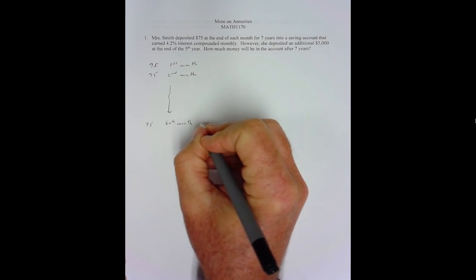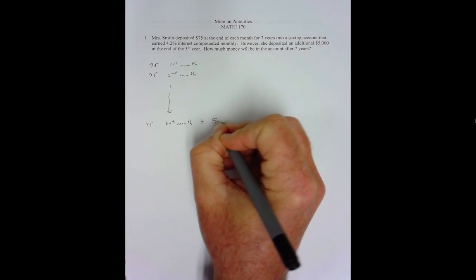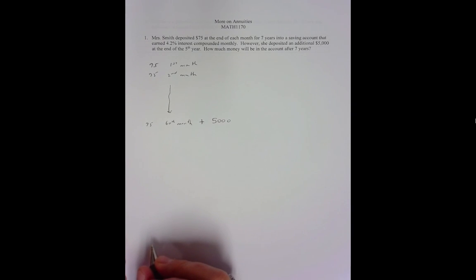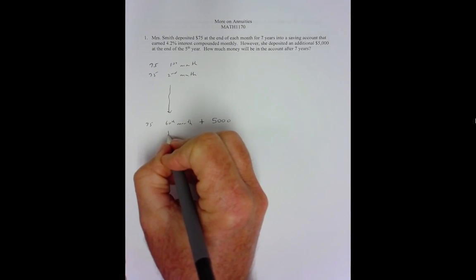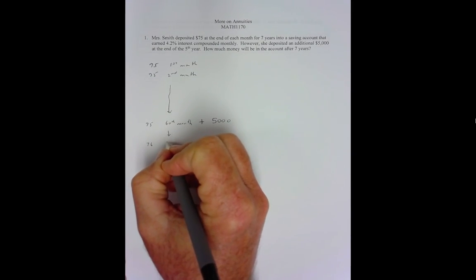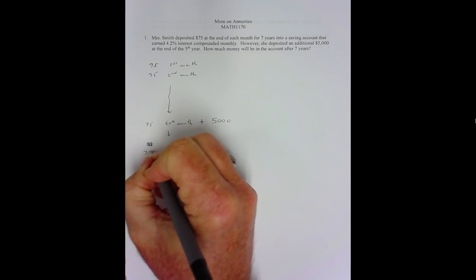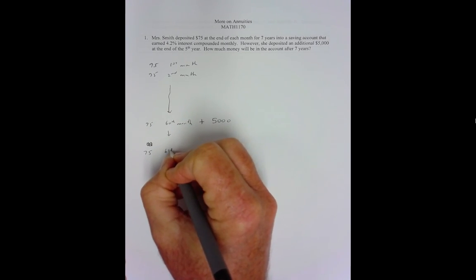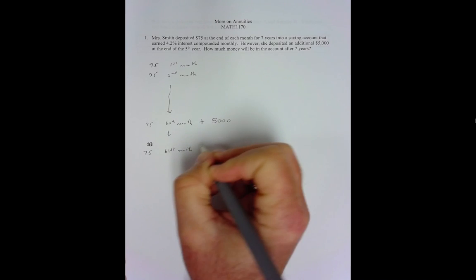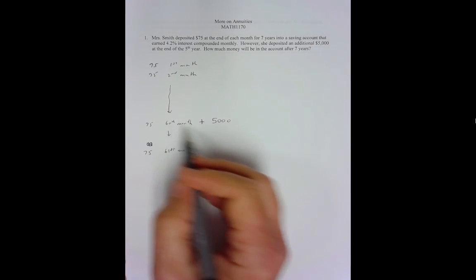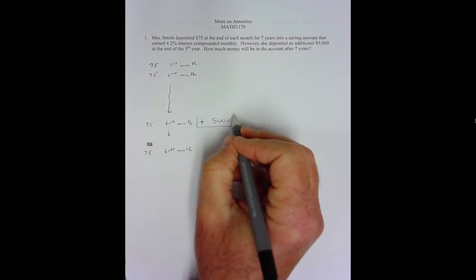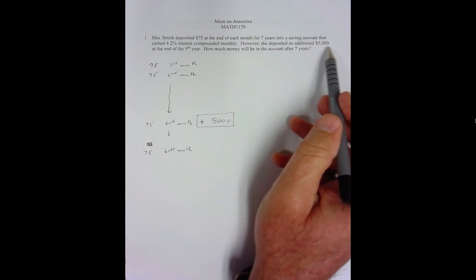But then she decides to come in and add a lump sum of $5,000. Then $75 more in the 61st month. So the month after this goes back to the regular schedule, but again, the caveat to this problem is this person came up with an additional $5,000 that they want to put in on this savings account.